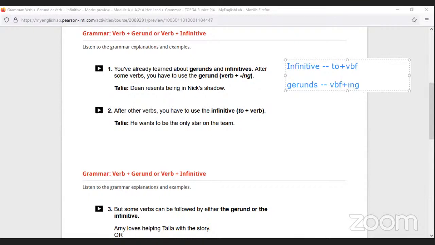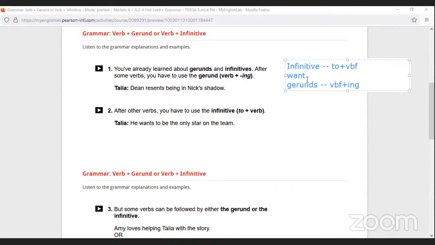So when we see these infinitives and gerunds, we are going to work with a list because we know that some verbs we can use with infinitives and some verbs we can use with gerunds. For example, the verb want only works with infinitives.